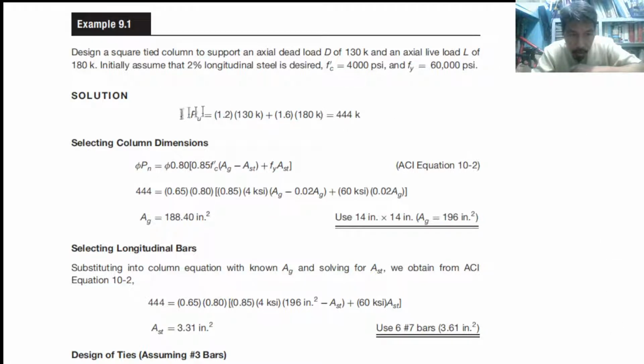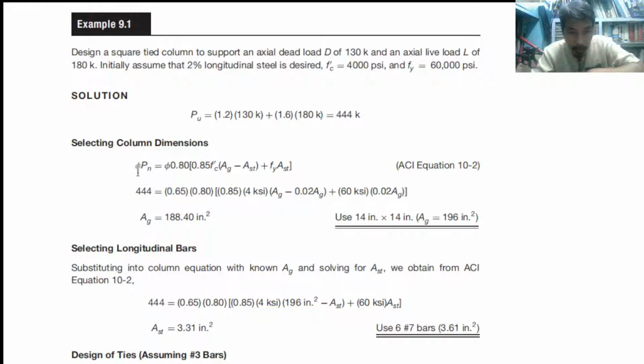So, solution. You have to do the combination of load, 1.2 dead load, 1.6 live load. We have the ultimate load, okay, or service load. Selecting column dimension.